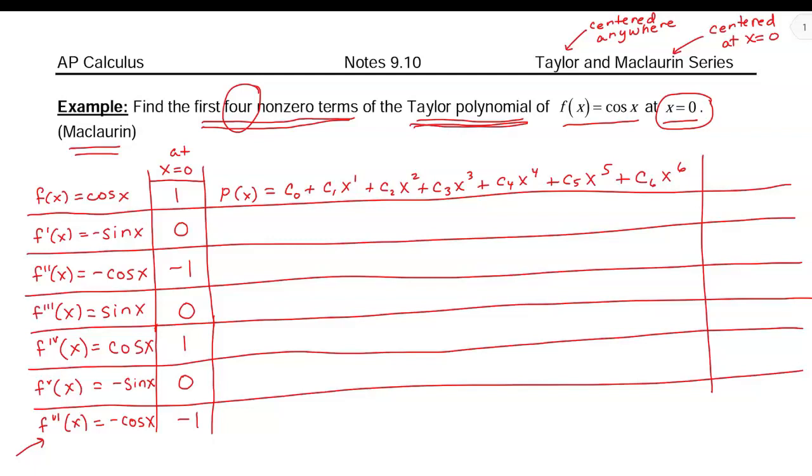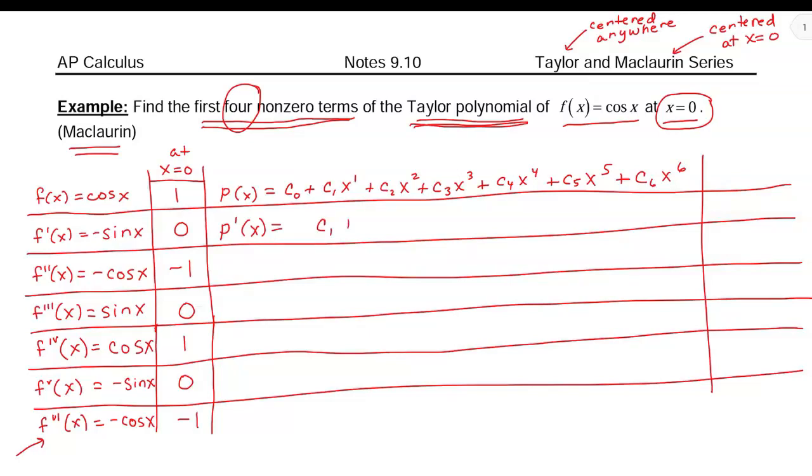So what I'm going to do at this point is start to take the derivative of the polynomial. The derivative of p is p prime, and you see I'm going to line that up with the derivative of f. So the derivative of p prime will actually eliminate the first constant. So our first term for p prime will be c sub 1.